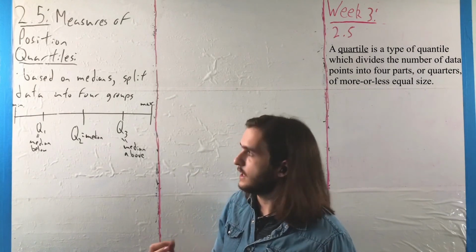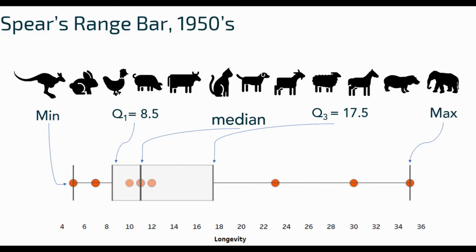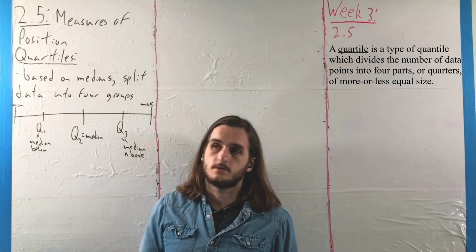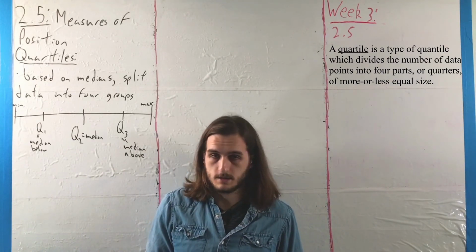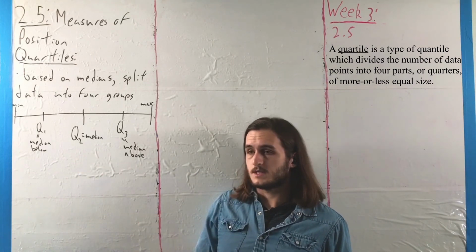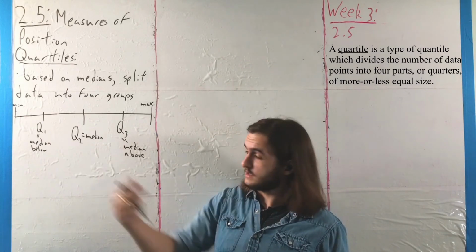But the idea with quartiles is kind of implied by the name quart, that what we're going to do is break our data set down into 4 parts using 3 grouping values that we think of as the first, second, and third quartile, which are generated based on medians. We're going to start by finding the second quartile, which is the median, but we call it Q2 in this context. And you can think of the second quartile as being something like the 50th percentile, because it being in the middle means that 50% of data is below it.